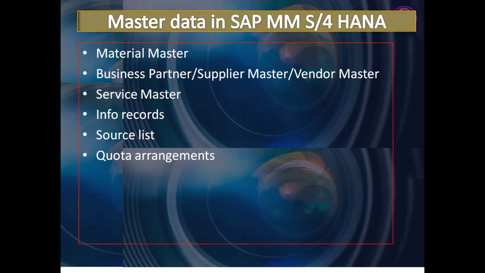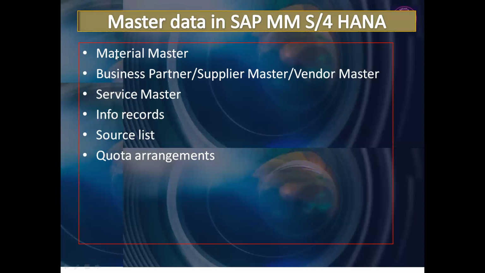This is used if you want to allocate some quota to a particular vendor. For example, there is a supplier and he has some limitations, like he cannot supply more than a particular quantity. Then we arrange some quota to that vendor: okay, you can supply this much quantity, so please arrange the material accordingly.